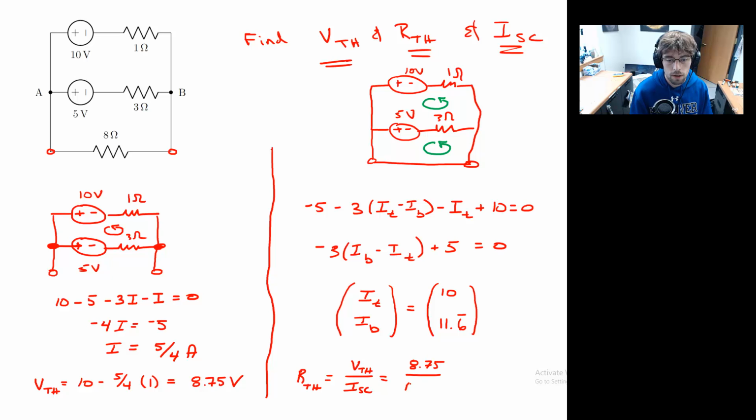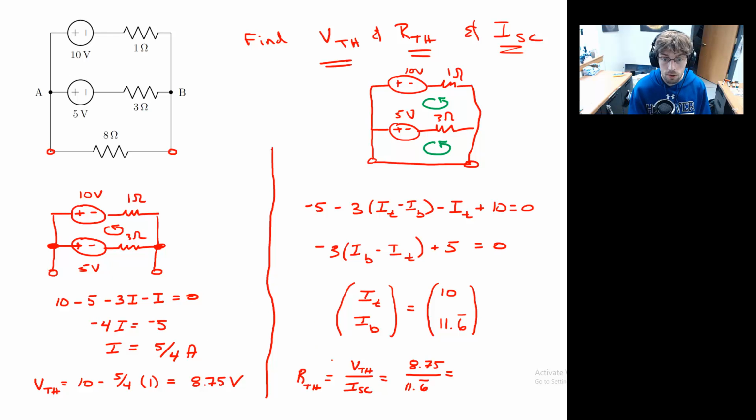8.75 divided by 11.6 repeating. And of course, 11.6 is 35 thirds.